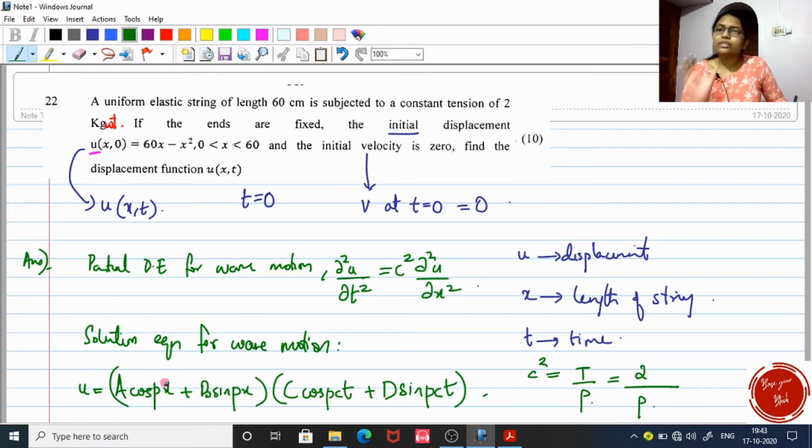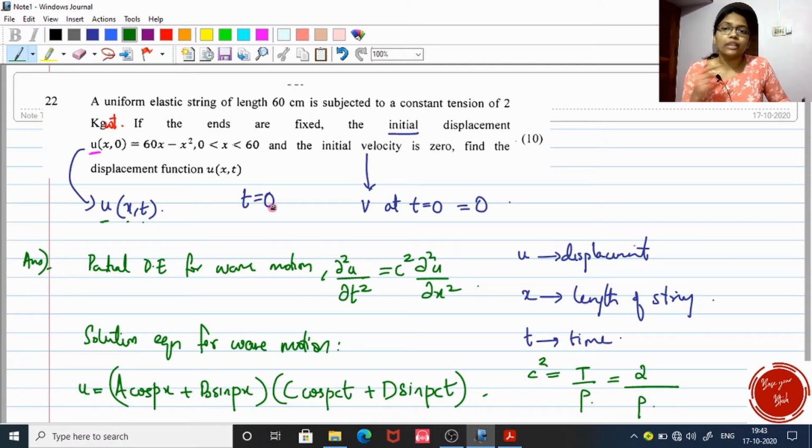So this is your displacement function, and it is very clear that u depends on x and t, the length of the string and time. So the displacement equation is also in terms of x and t.